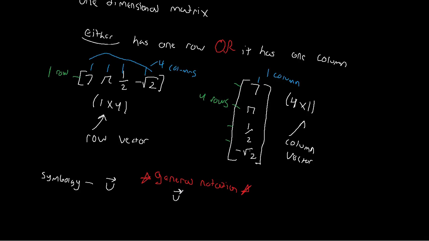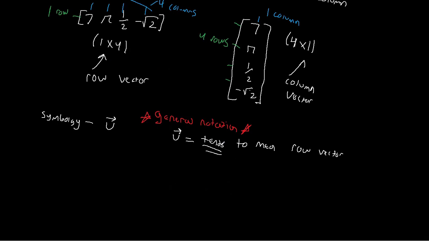A u like that tends to mean row vector. And a v with an arrow, right? Again, lowercase letter, arrow on top. Tends to mean column vector.